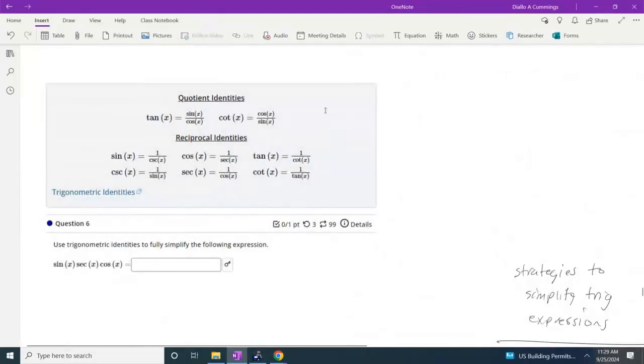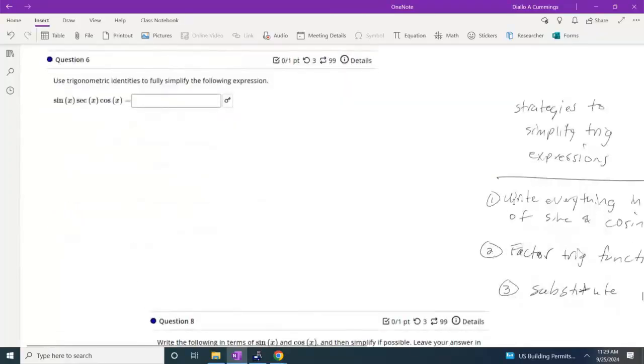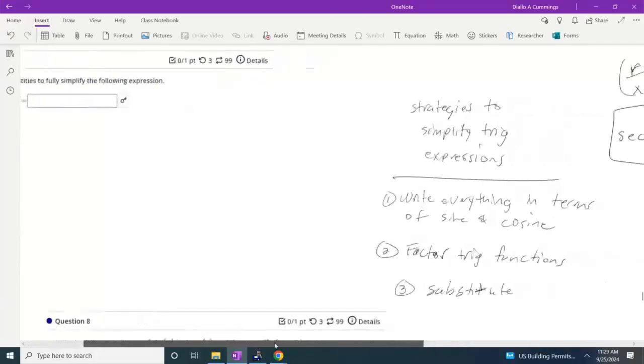All right, so let's look at problem number 6. It says use the trig identities to fully simplify the following expression. The sine of x times the secant of x times the cosine of x. The first thing I'm going to do here is write everything in terms of sine and cosine. When you write everything in terms of sine and cosine, you're attempting to put the trig expression in its simplest form.